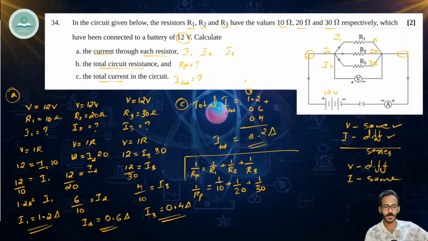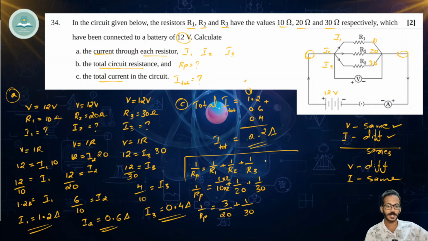Let me add the first two. I'll multiply with 2 here: 10 into 2, 1 into 2. So 1 by Rp is equal to 2 plus 1, 3 by 20, plus 1 by 30.